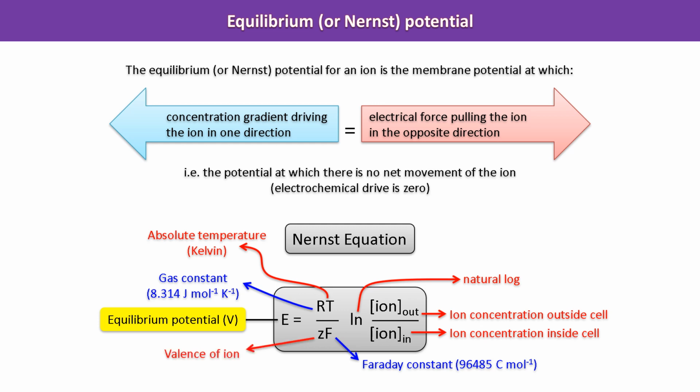The valence, or the charge, of the ion makes a major contribution to the equilibrium potential. Both the number and direction of the charge must be included. For example, the valence of a sodium ion would be +1, but the valence of a chloride ion is -1.